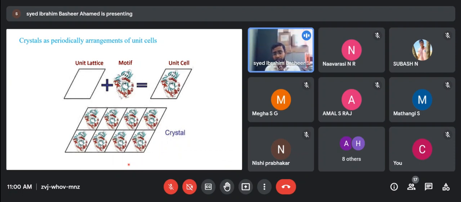Again, the type of unit cell will depend upon the molecule. Some proteins will have only one molecule in the unit cell. Some proteins will have two molecules in the unit cell. Some will have 3, 4, whatever.